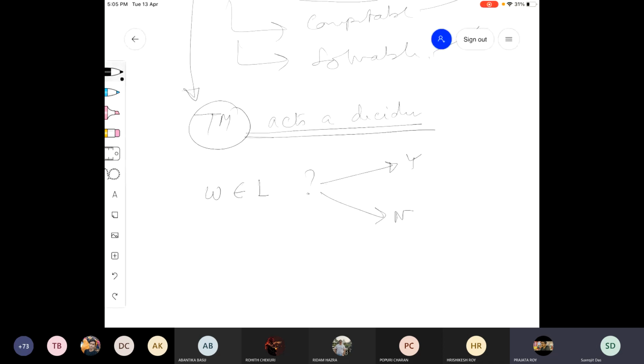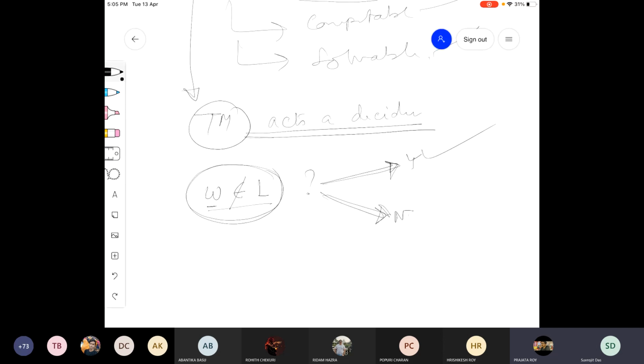So if the Turing machine can decide whether W is of a given language L or not, and if it can decide in finite time, if it is not confused, if W is a member of L, it says yes.